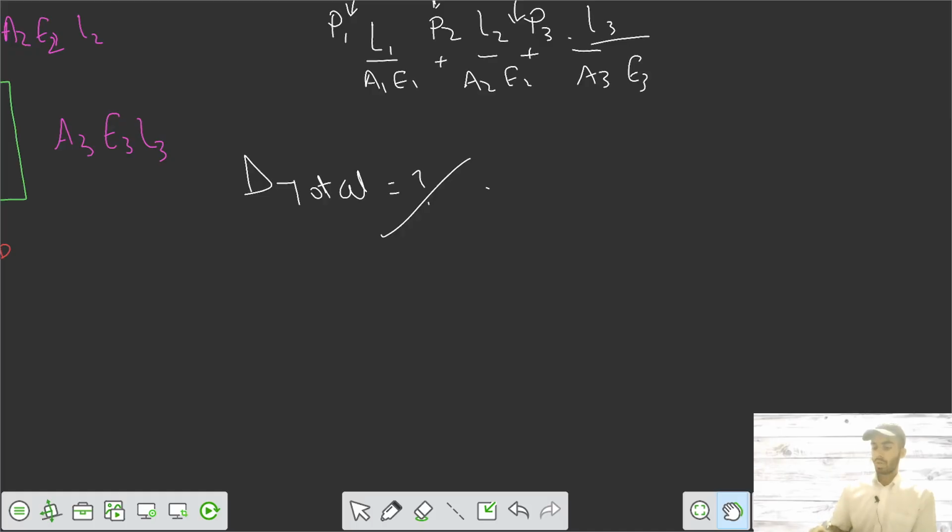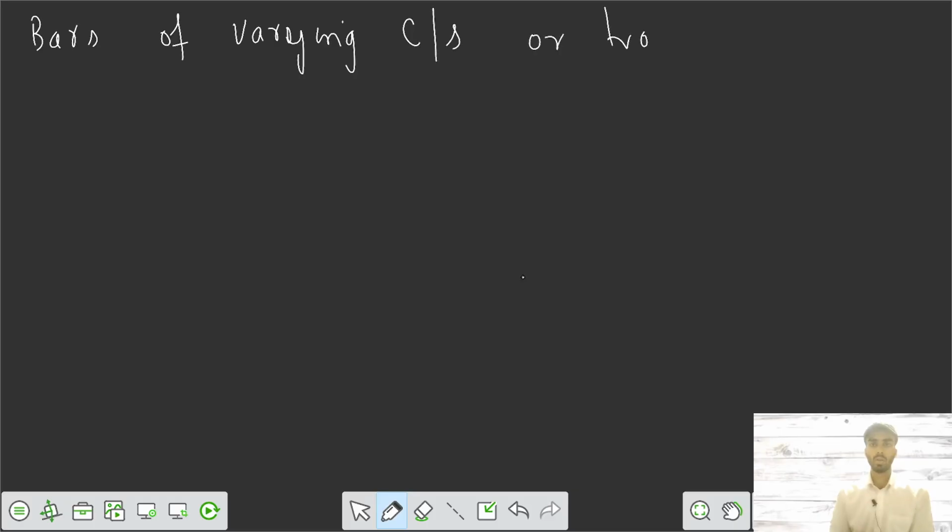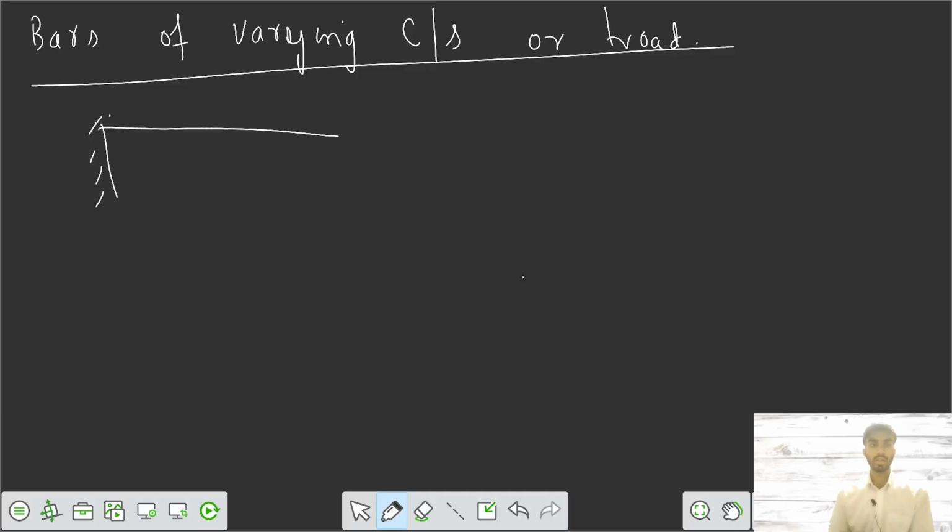Now, the third one is bars of varying cross section or load. If load is varying and or cross section is varying, let's say this is your cross section, area is also varying.